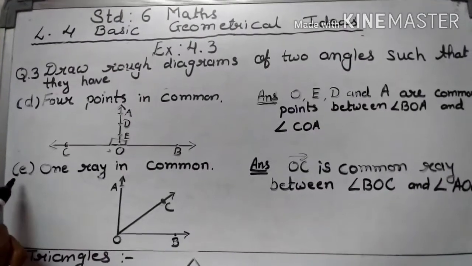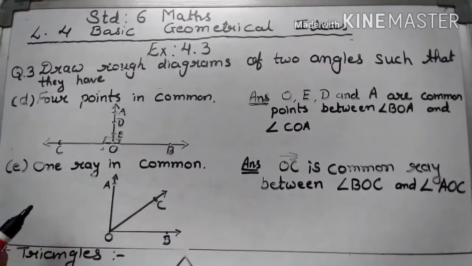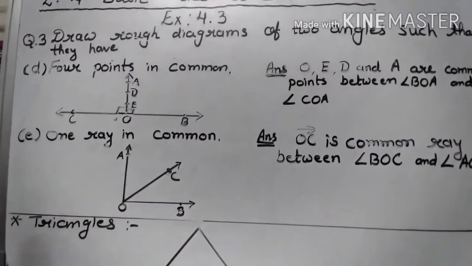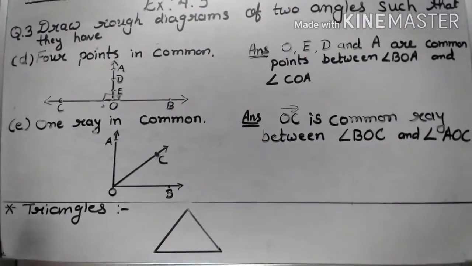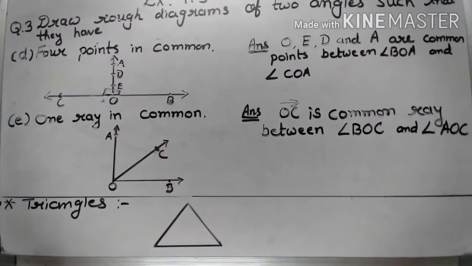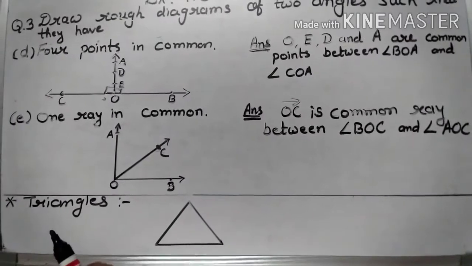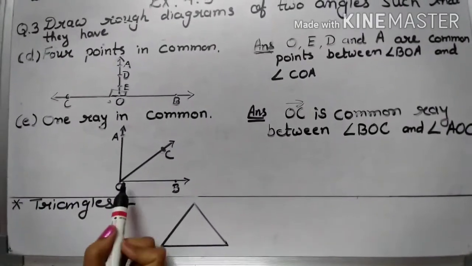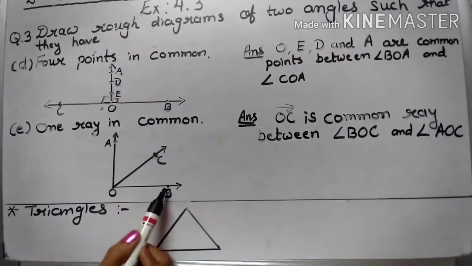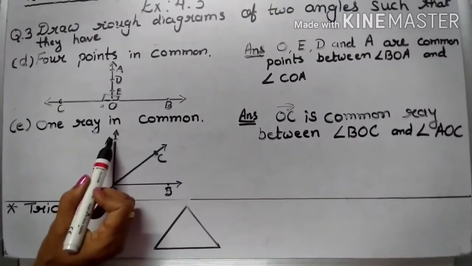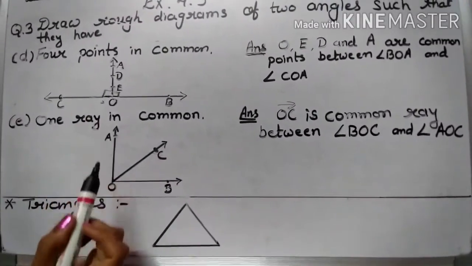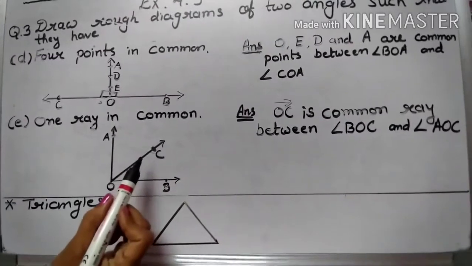Now E, one ray in common. Here you do not have to show points in common. Only one ray should be common between two angles. Come on children. Is this a common ray? No. Is this a common ray? OA is a common ray? No. And OC is a common ray?